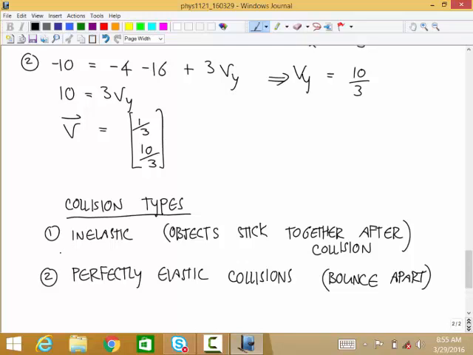If you have two lumps of clay that collide, you'd treat it like it's inelastic, and that'll give you better results than not knowing anything about the collision. If two billiard balls collide, you're going to assume it's perfectly elastic. It wouldn't really be perfectly elastic. You lose some energy, but still that'll give you pretty good results.